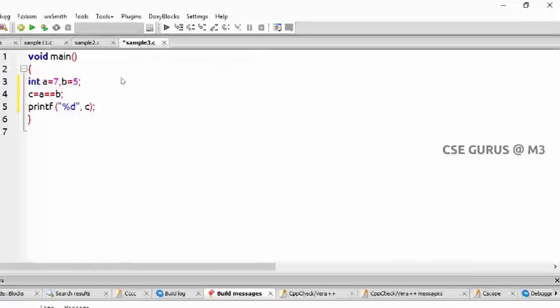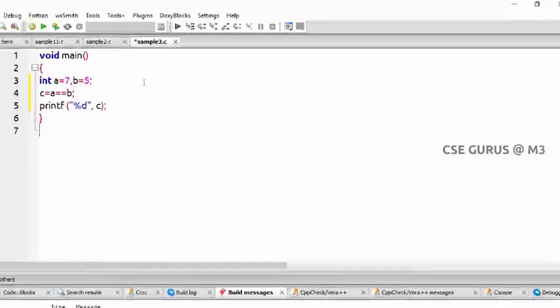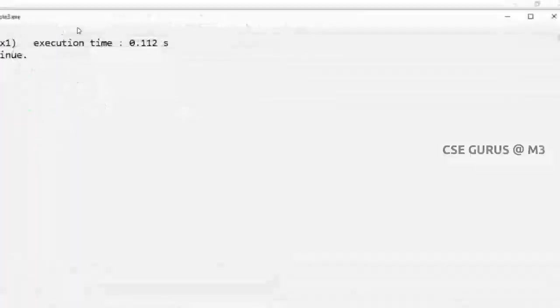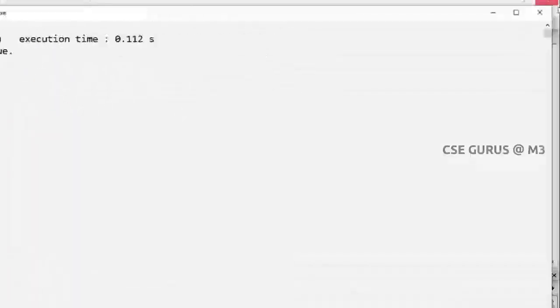Now the third one, of course, very simple, you can observe here. What is the answer for this one? I told you, A double equals B. First you have to do this one. What is A? 7. What is B? 5. Are they equal? No. So that's why this value will become 0. So C equals 0. You can see, C value is 0.